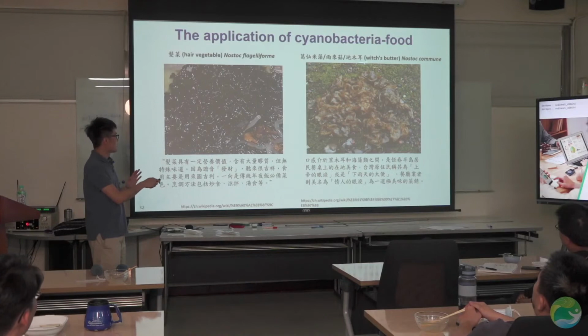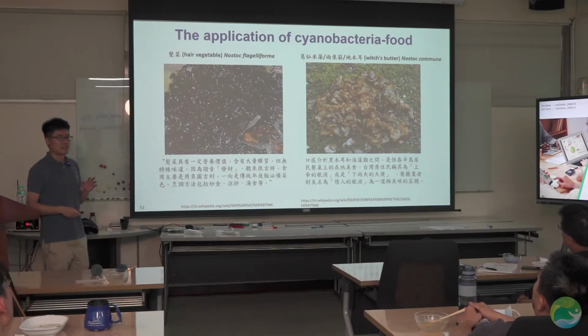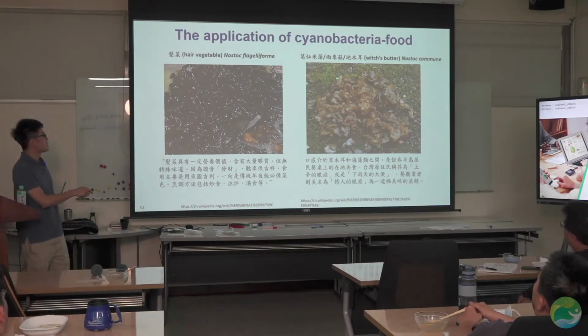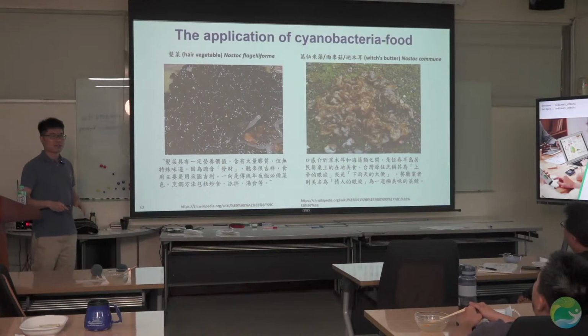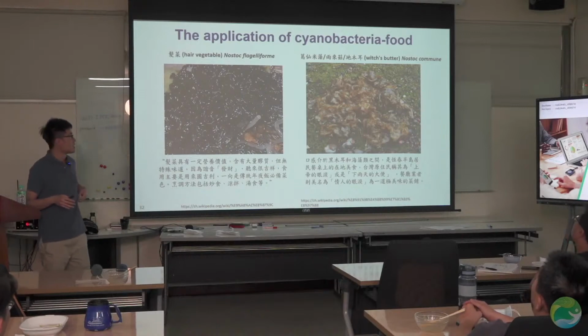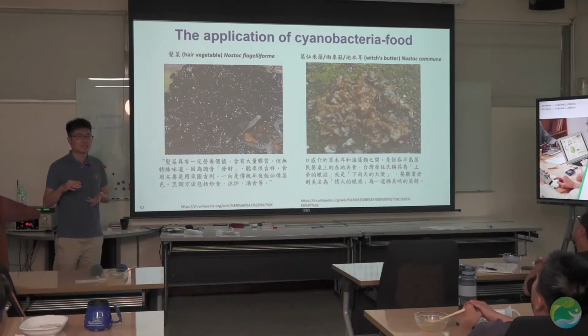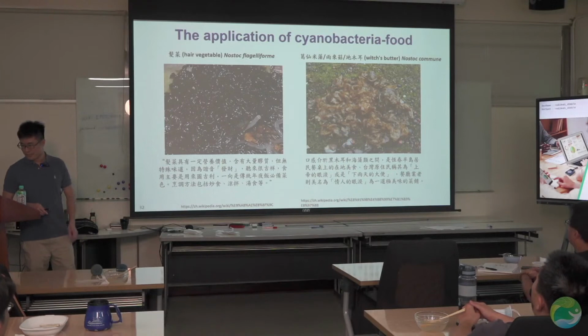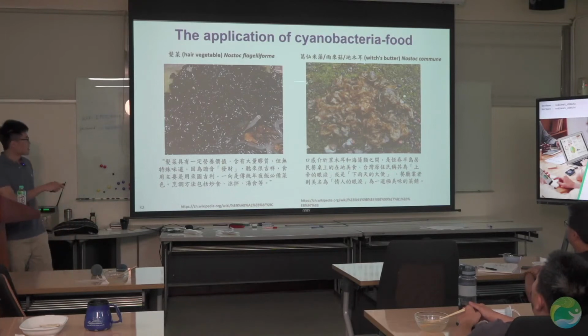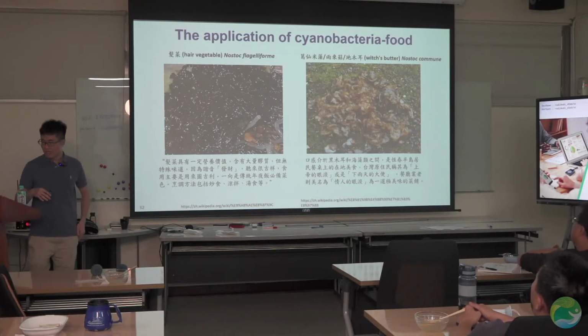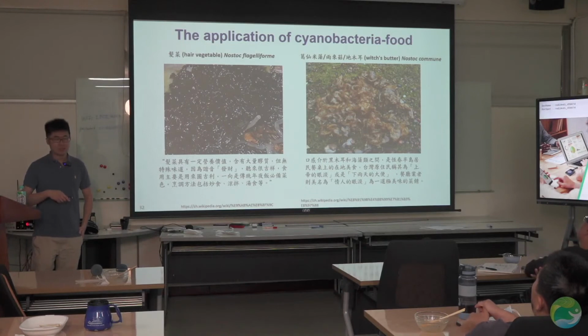I found this in Quanlian. In Quanlian, they mention it as 雨来菇, but it also said it's terrestrial cyanobacteria, cyanobacteria living on the land. So these are cyanobacteria you may know and may have eaten during your life.